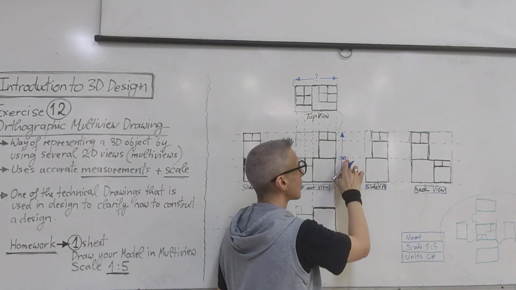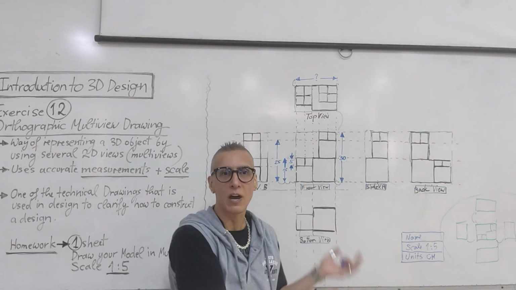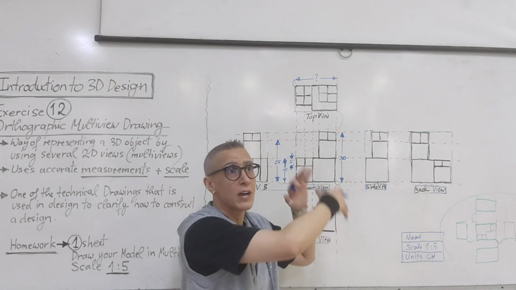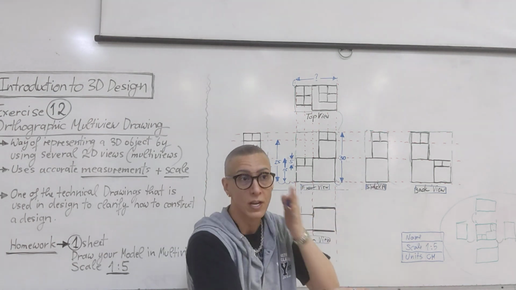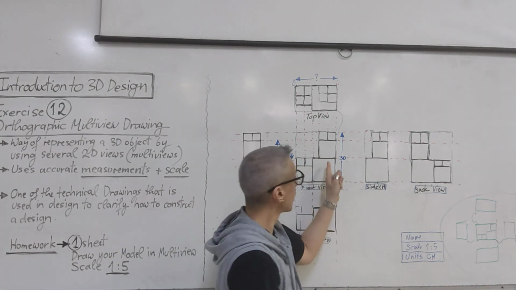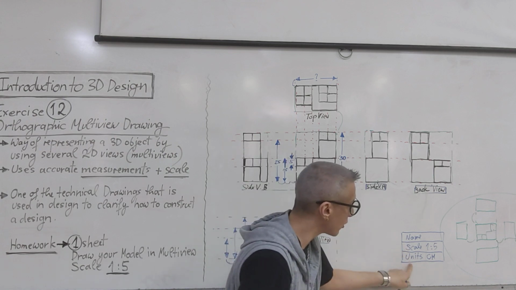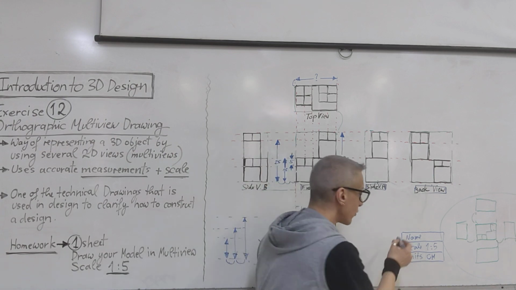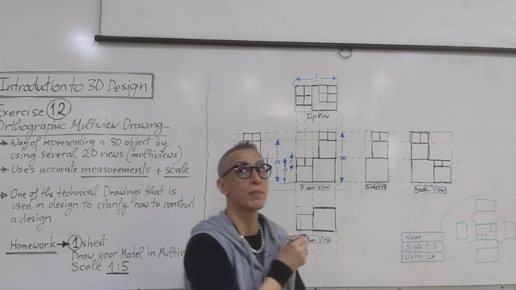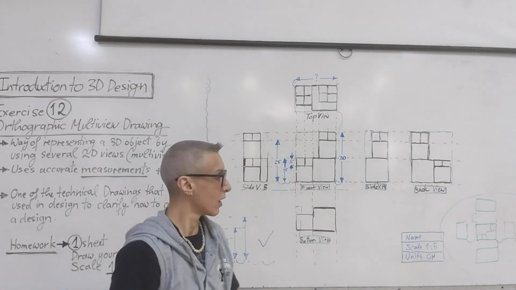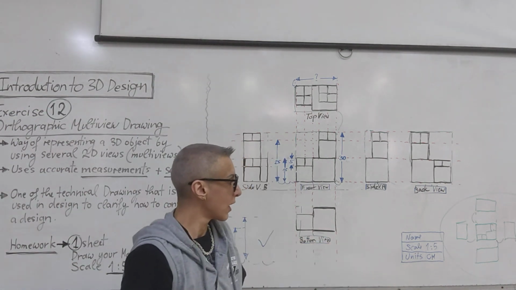This no. Okay? It will cause overcrowding of the drawing. And if you have hundreds of measurements on a drawing, this will create confusion. So instead of put just a number, put here units, centimeter. So this information must be on the paper. Okay? Name, scale, units.